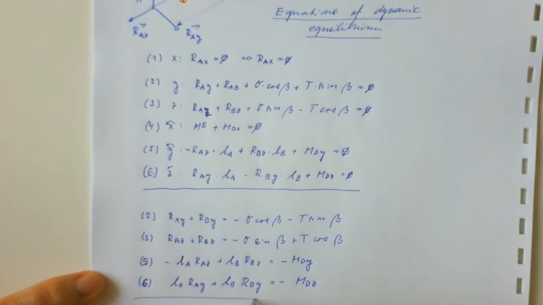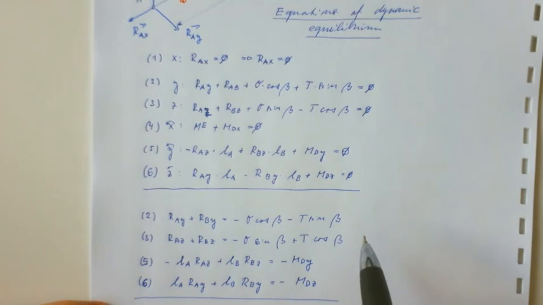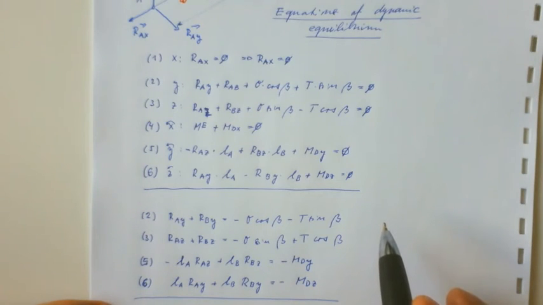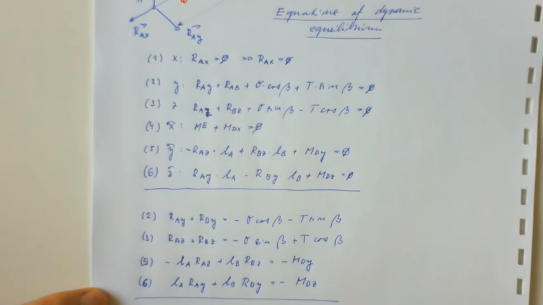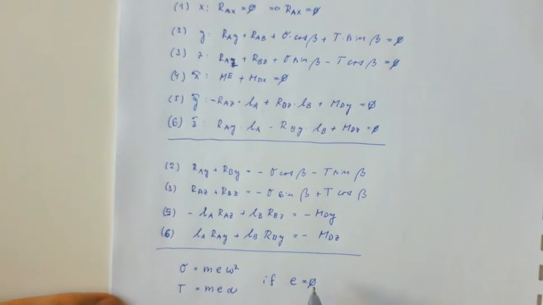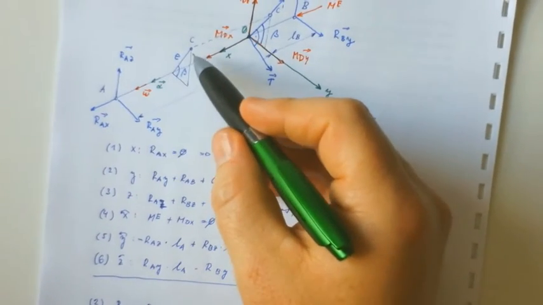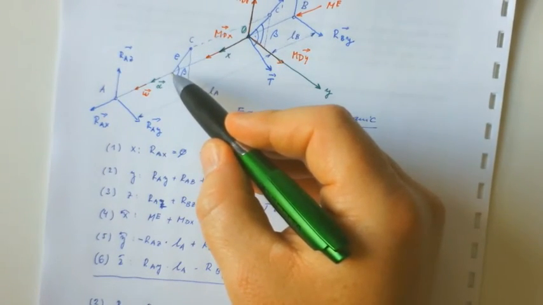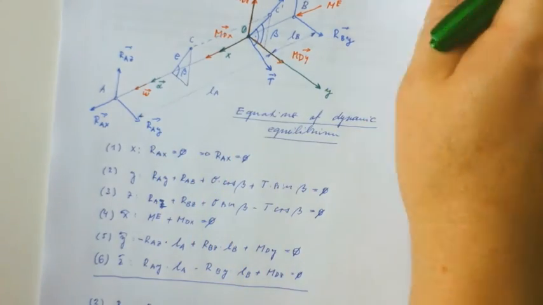So this is some clue that if we consider that O, the D'Alembert force, is m e omega square and T is m e alpha, so if E is equal to 0, it means that the center of mass is directly on the axis of rotation.